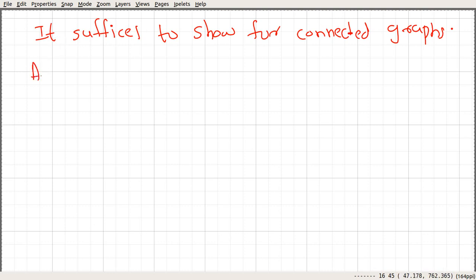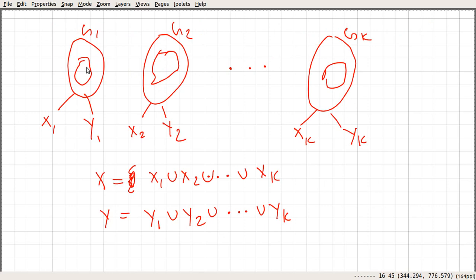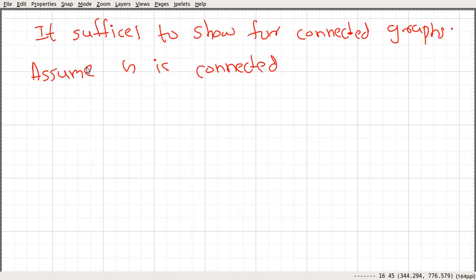So assume that the graph is connected, and in order to prove this statement, we use a particular trick.